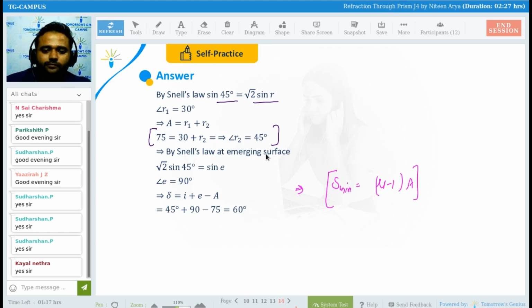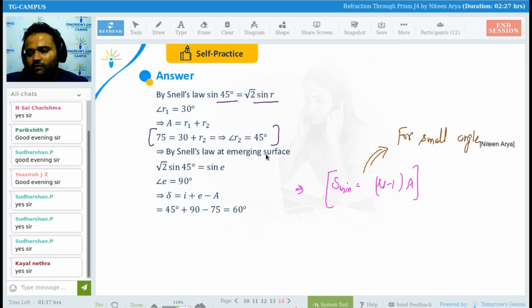This one is for small angle approximation. Why should I tell you this right now?